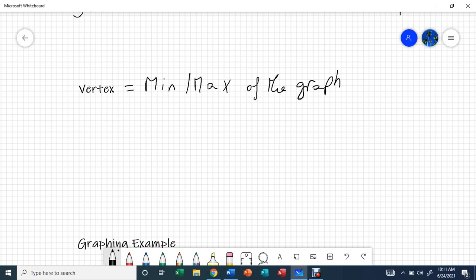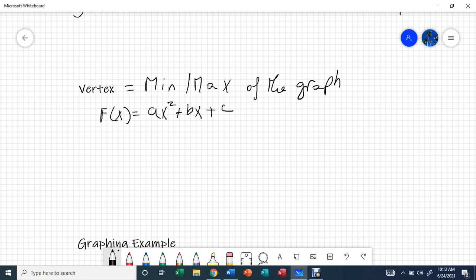So again, let's put the standard form for the parabola function, ax squared plus bx plus c.